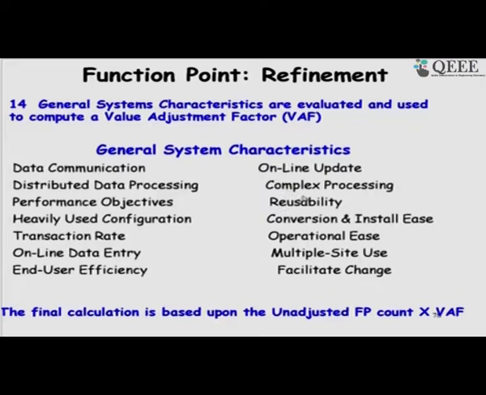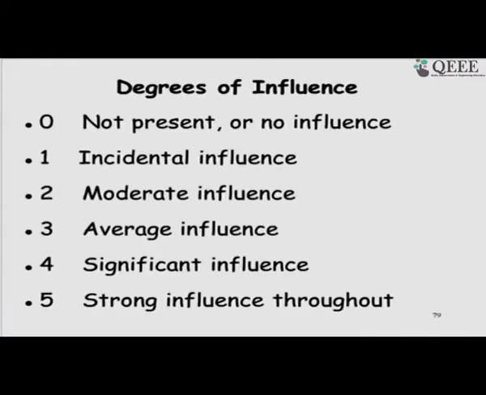Will the code be produced only for this application, or do we want to write code which will be reused in other applications as well. The conversion and installation, the operational ease, how easy it will be to operate, whether the users will be at multiple sites, and whether it would be necessary to change it later and facilitate change. Based on this we would compute the value adjustment factor.